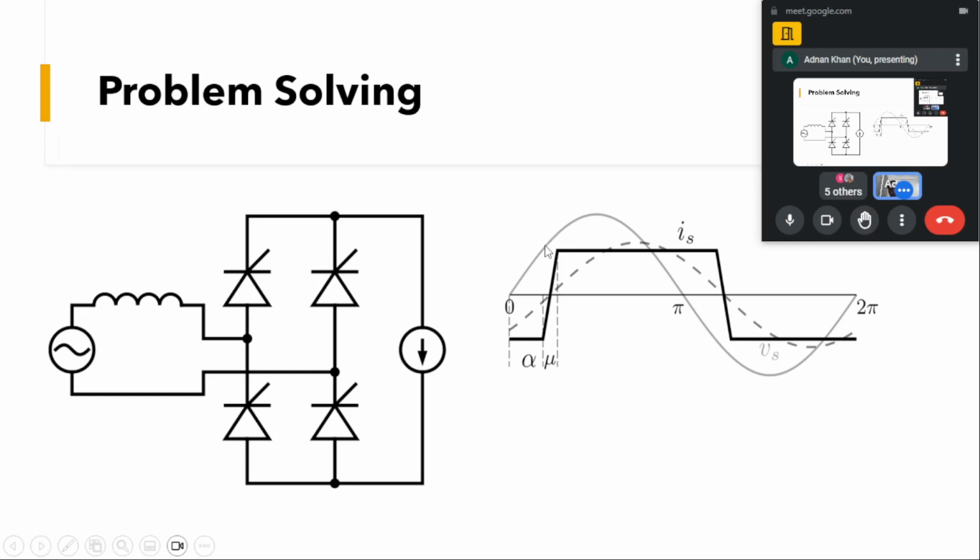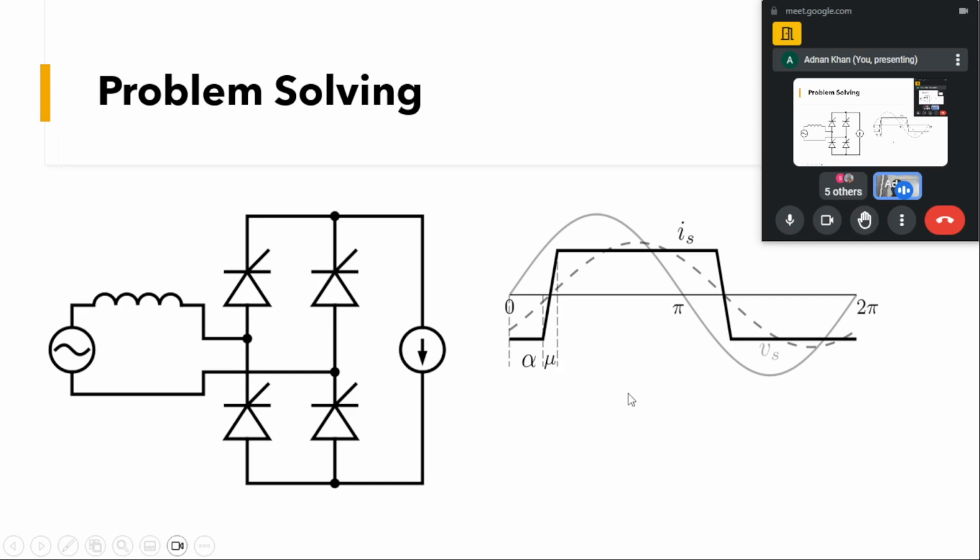Now since we have an overlap interval here as well, as you can see the fundamental of this current is passing through the center of this overlap. So here you can see that the source voltage and the source current have a phase difference of an angle phi 1, equal to alpha plus mu by 2.